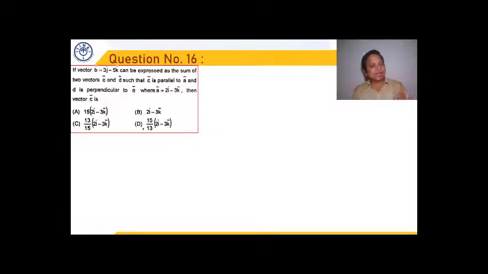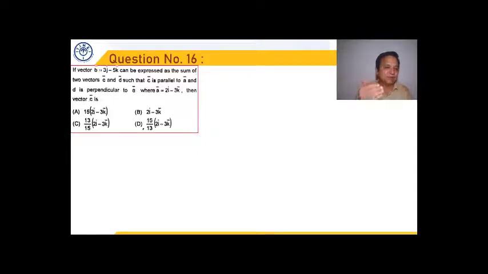Now this vector can be expressed as the sum of two vectors C and D, that is, vector B is equal to C plus D. An additional condition is given such that vector C is parallel to A vector and D is perpendicular to A vector, where A is 2i minus 3k.